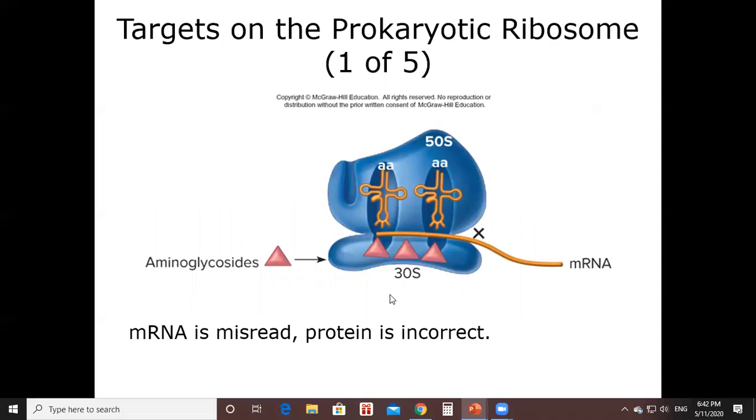And these are some of the targets we have. Like you can have a drug that will come in and will affect the 30S, will block the messenger RNA from reading the codes on the transfer RNA.